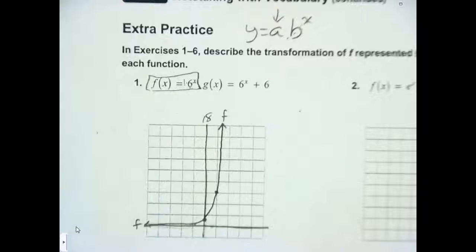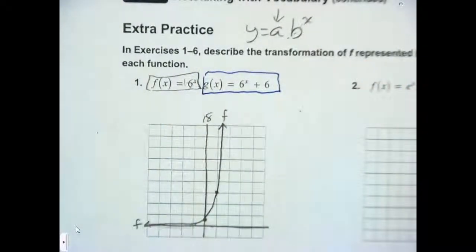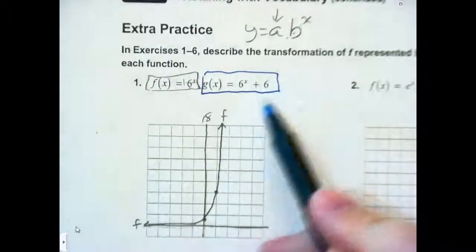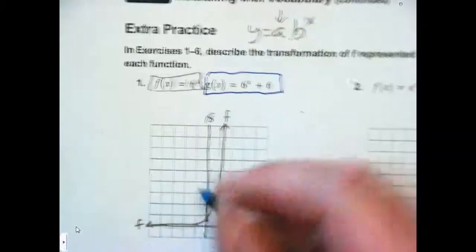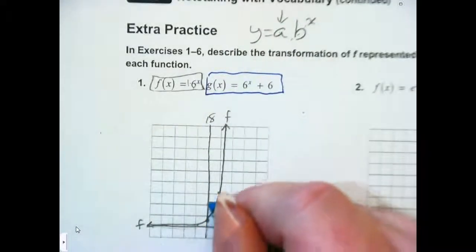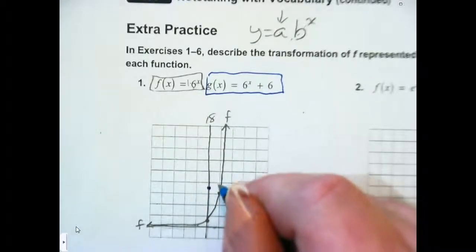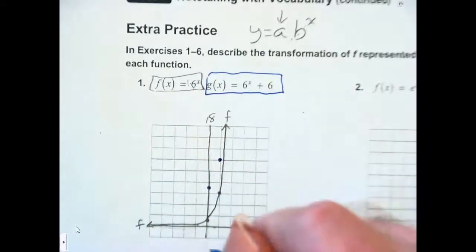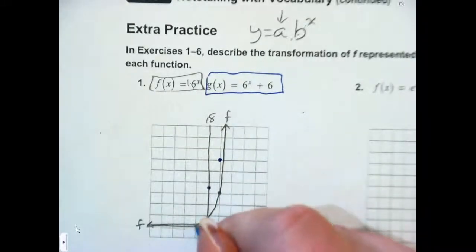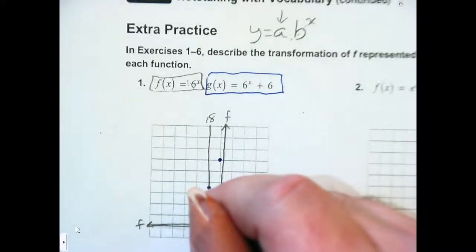Now, when I'm graphing this one, what am I doing to f? Good. If you can think, hey, I'm adding 6, that means you're just taking the points that you've already graphed and adding 6. Taking this point we just graphed down here, and adding 6, which means right there.